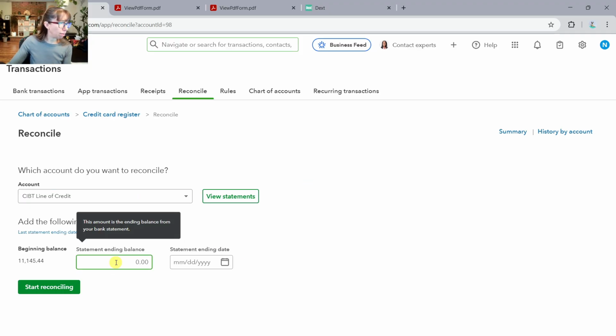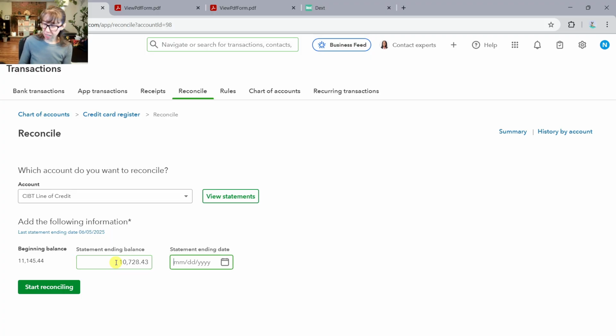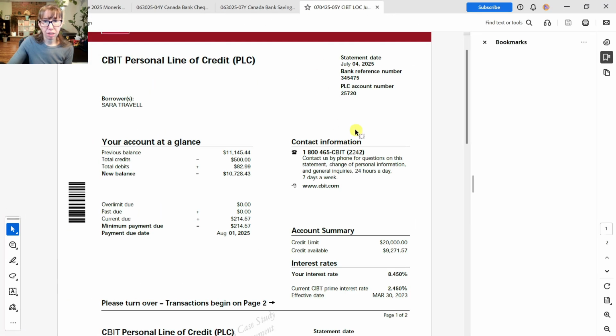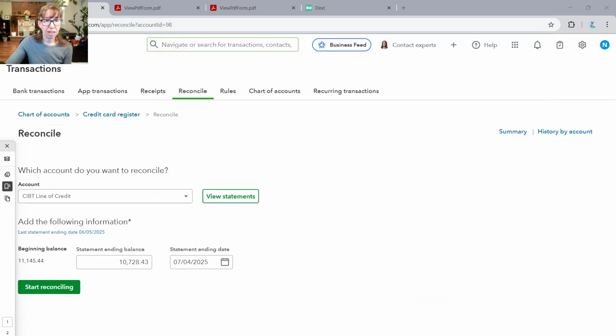So the statement ending balance was 10,728.43. And the statement closing date actually is July 4th, so it's not June 30th. I'm just going to pull that over so you can see. I got the statement date right here, and then I got the balance right here. So let's go ahead and start reconciling.